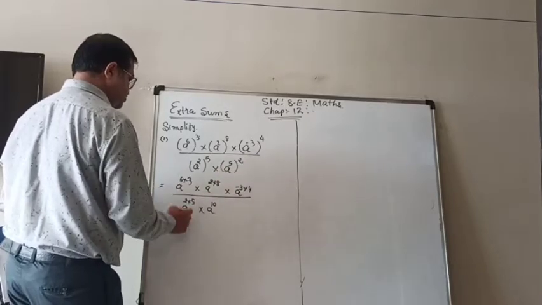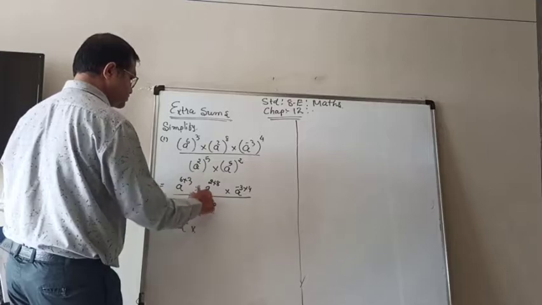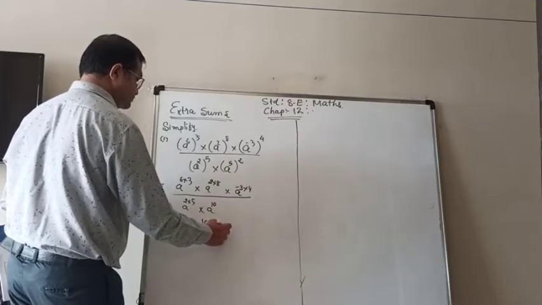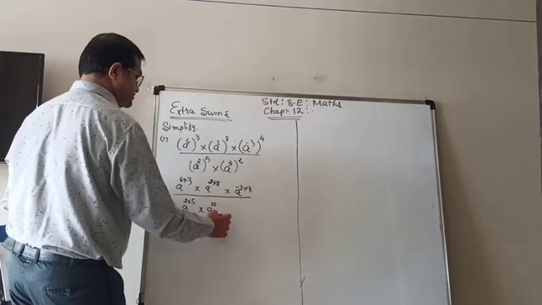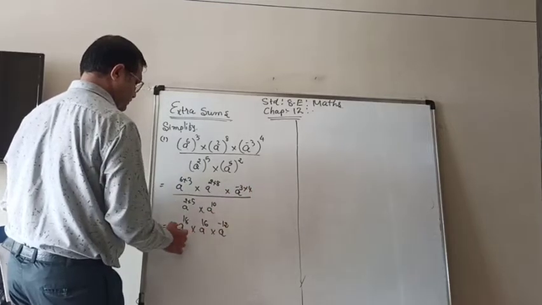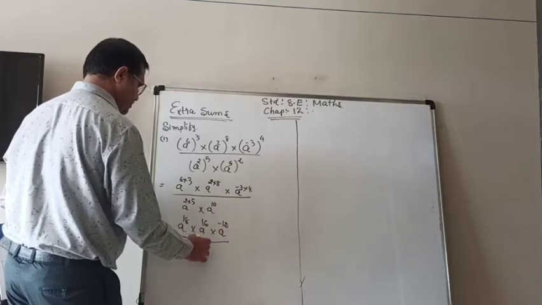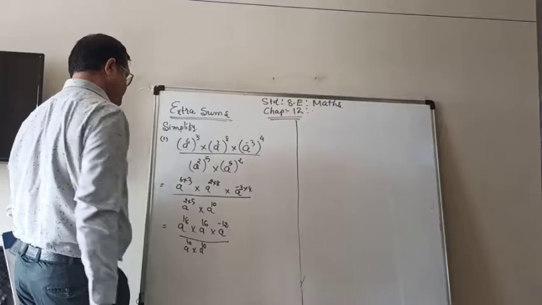So now a raised to 6 threes are 18, 8 twos are 16, 4 threes are minus 12. And then a raised to 10 into a raised to 10.